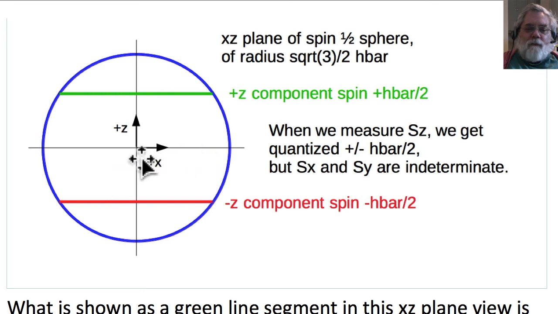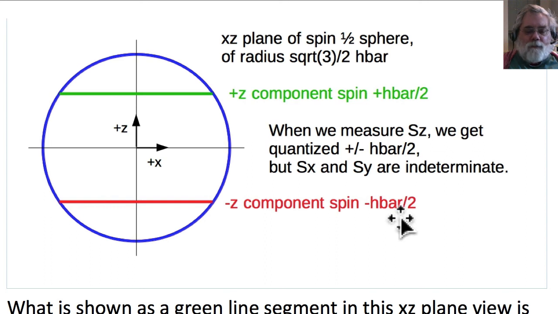Horizontal is the x direction, vertical is the z direction. We're measuring this spin 1/2 particle's z component of spin, and that measurement will be quantized. We either will get a z component of plus h bar over 2 or a z component of minus h bar over 2.